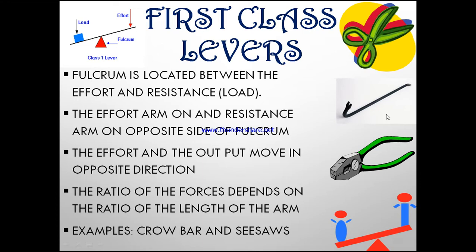And in the crowbar, the fulcrum and resistance are here, and the effort here. Also with this tool, the effort is here because I hold the tool from here, and the fulcrum and the resistance are here, like the nail.